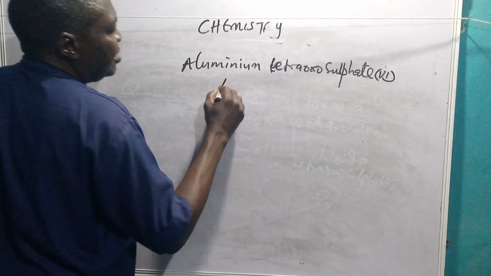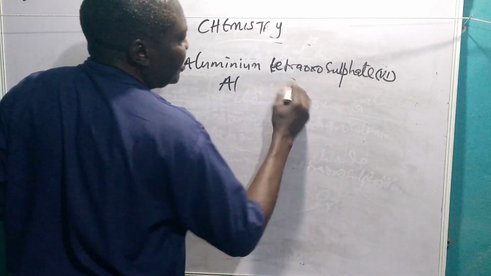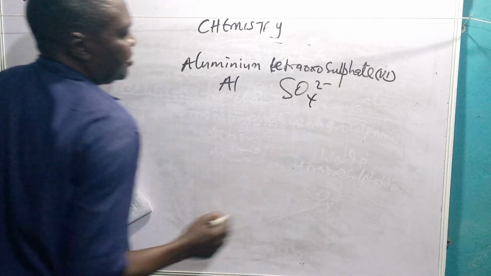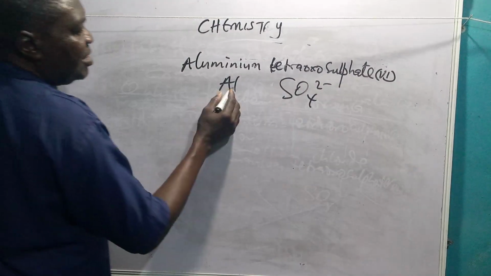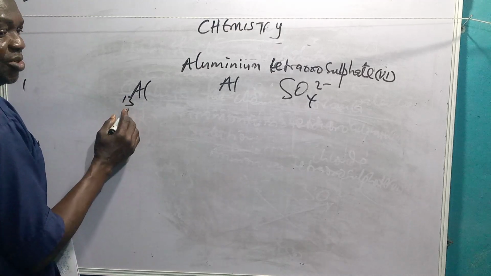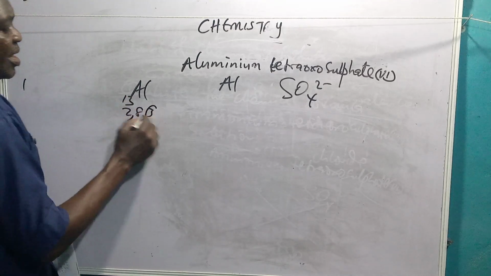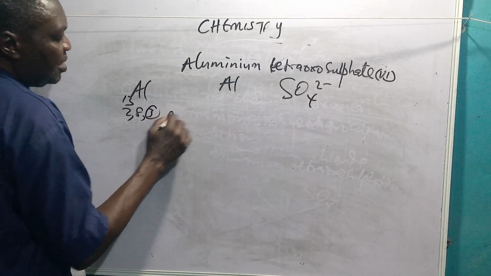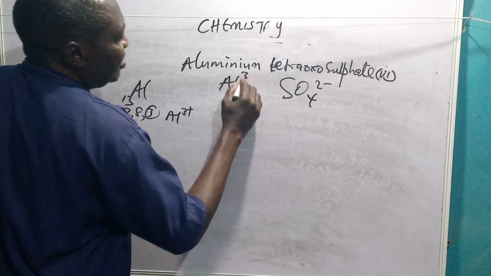Aluminium is Al as a symbol. Tetraoxosulfate 6 is SO4 2 minus. You see it. The aluminium has atomic number 13 and electronic configuration 2 8 3, meaning it can give out 3 electrons to form Al3 plus. Therefore, you have 3 plus here.